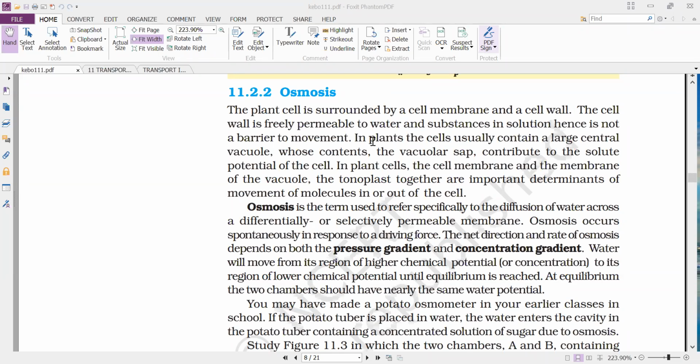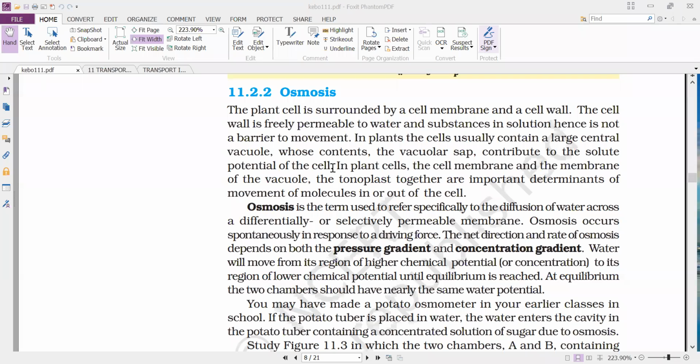And next, in plants, the cells usually contain a large central vacuole whose contents, called the vacuolar sap, contribute to the solute potential of the cell.